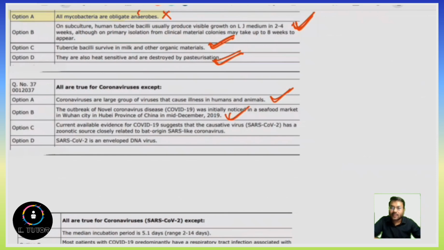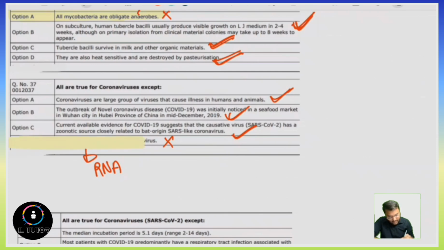Current available evidence of COVID-19 suggests that the causative virus SARS-CoV-2 has a zoonotic source closely related to the bat origin SARS-like coronavirus. This is also true. SARS-CoV-2 is an enveloped DNA virus. No, this is not true. SARS-CoV-2 is an RNA virus. So option D is incorrect. So the answer will be option D.